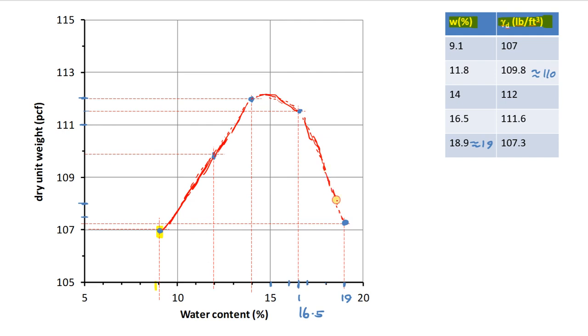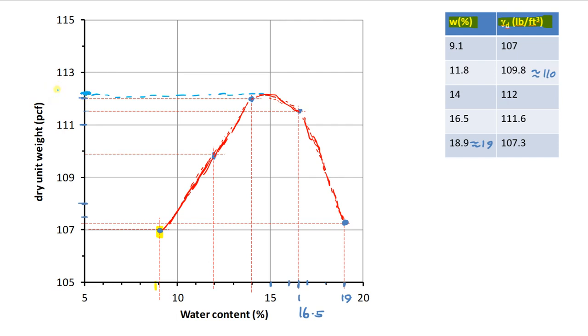Now from here we can easily find out the maximum unit weight. Suppose this is the maximum, so draw a horizontal line. So this is that maximum. This maximum is a little bit above 112.